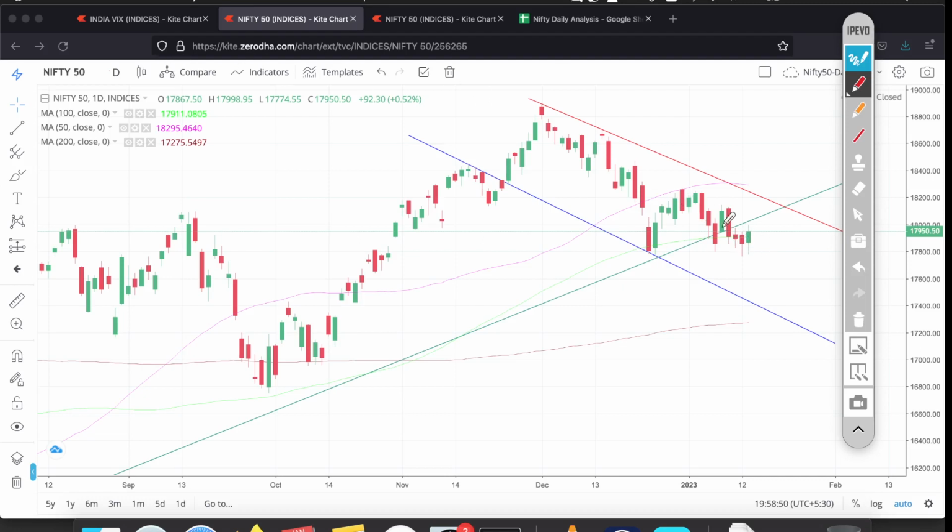Whereas today the rebound from the lows was fantastic. If someone actually dared to take long positions at 17,800, they would have been rewarded splendidly.